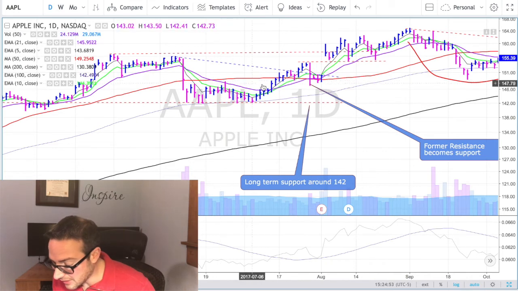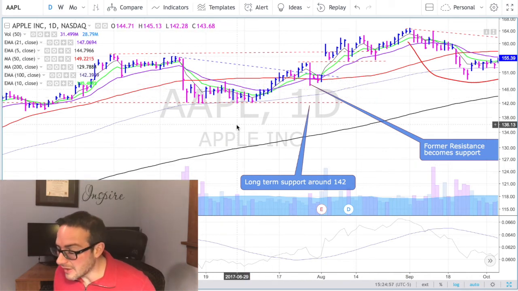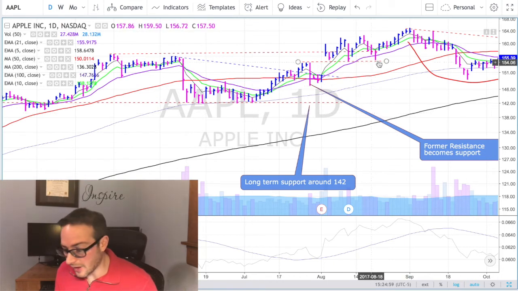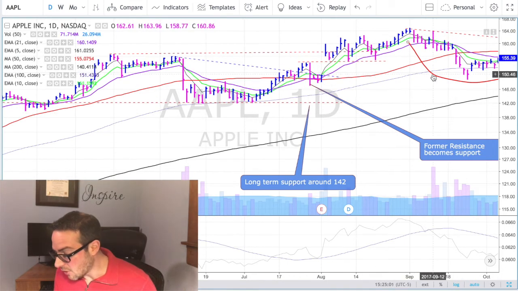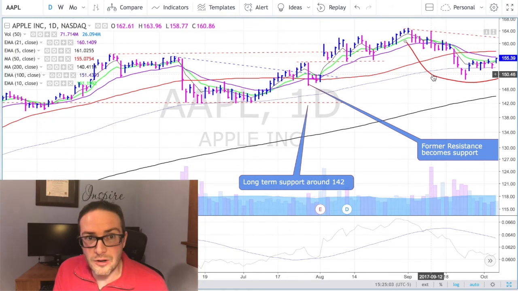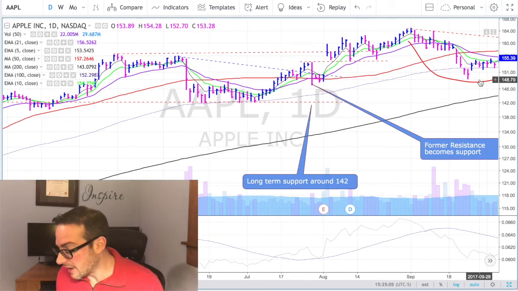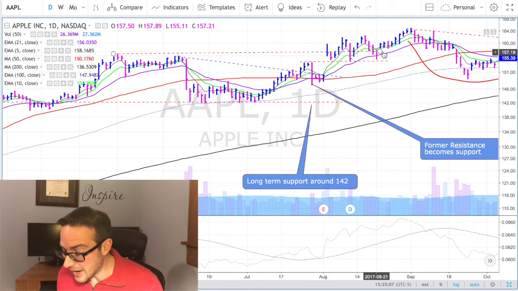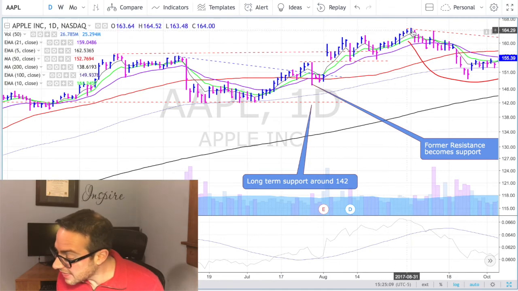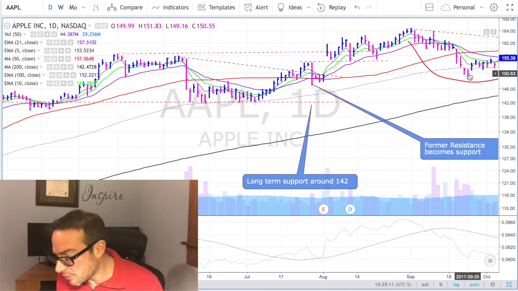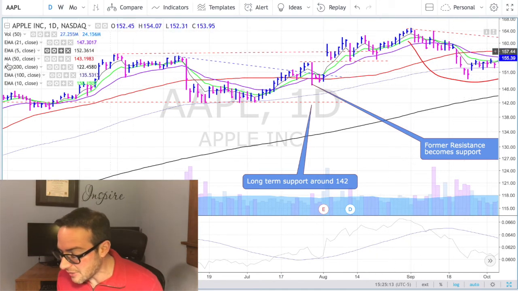If you enter down here, then it's a lot easier to sit with this position if you are trading on the intermediate term or the longer term when something like this happens. If you enter up here, then you're probably going to end up being shaken out on this kind of a move.